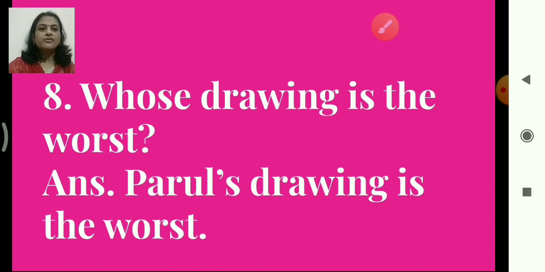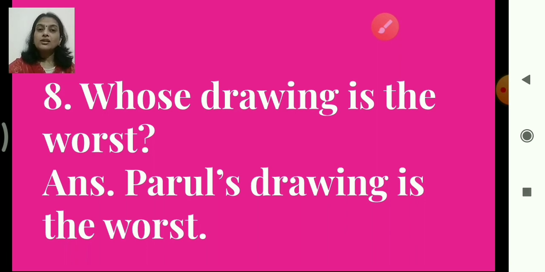So, here we have our answer. What we did, how we got our answers? Yes, we compared again all the three pictures, all the three boys, all the three girls, all the three marks and all the three drawings with each other, and then we just wrote our answer, right? And which degree we used here? Superlative degree, isn't it?